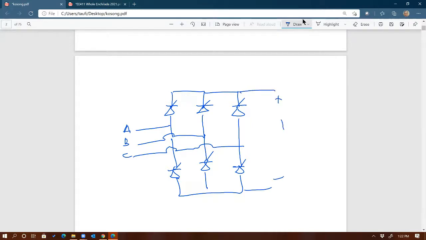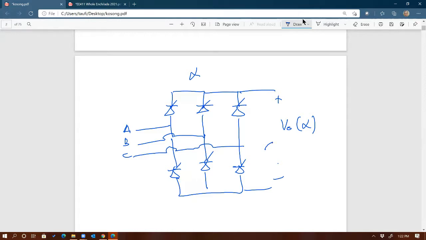The output is going to be DC. Now, what we learned in EE410 is that I can apply alpha, the firing angle, to these thyristors, and so the output is going to be a function of alpha. Agree?